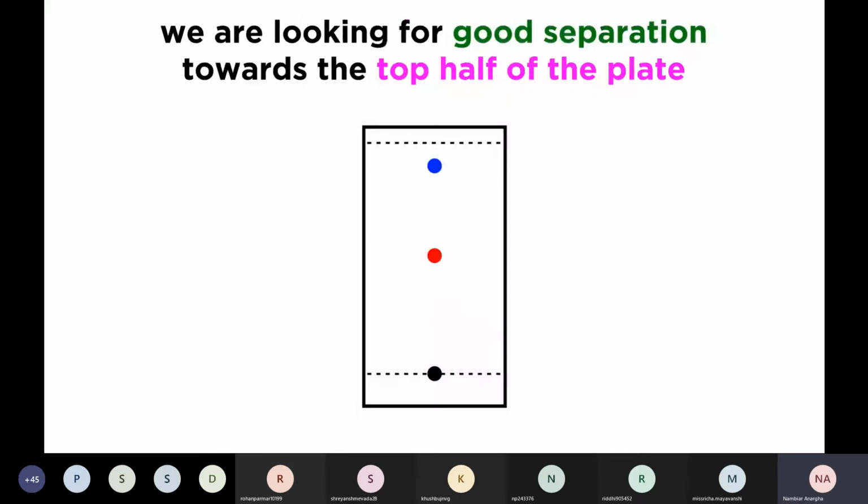them. The ideal solvent system will result in something like this, where the two components are separated very well, one of them towards the top of the plate and the other more near the middle.